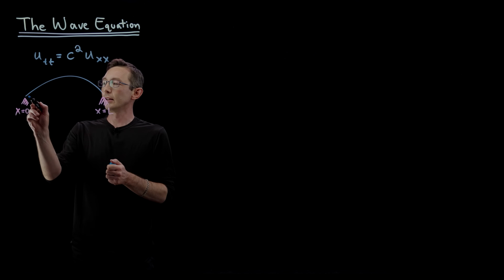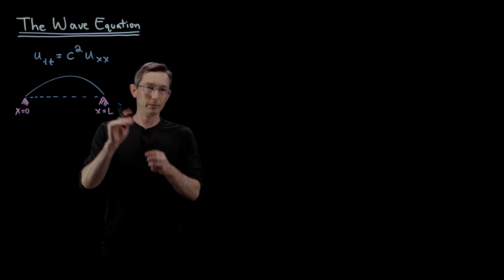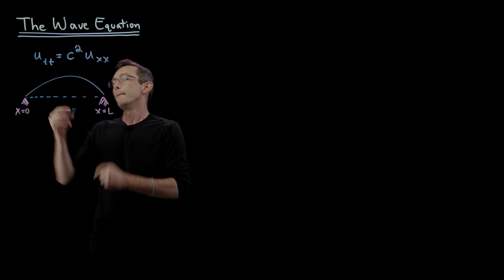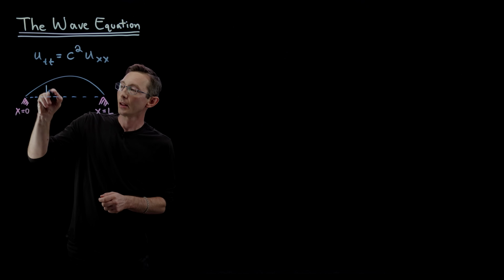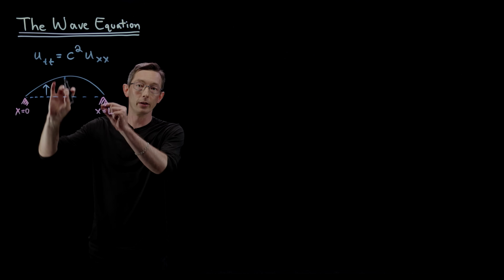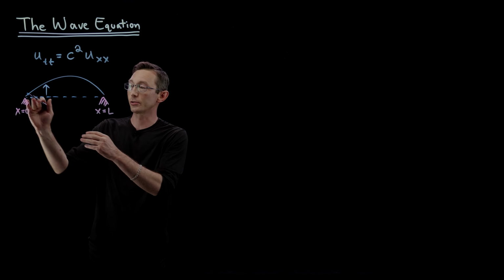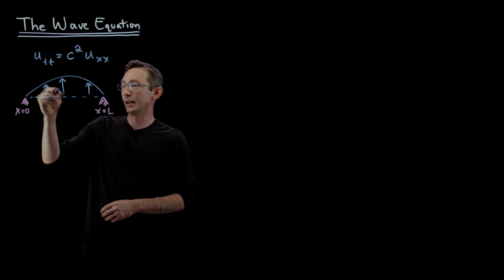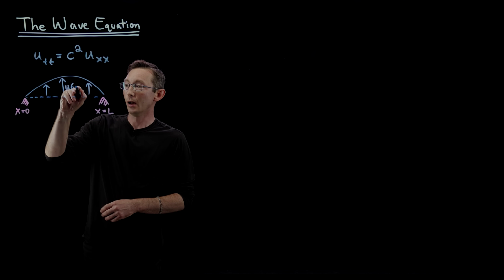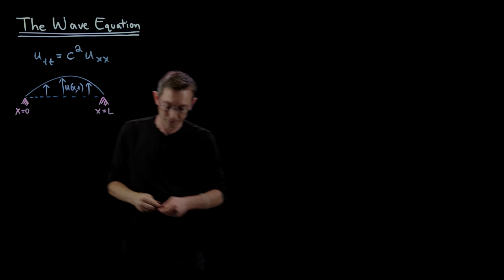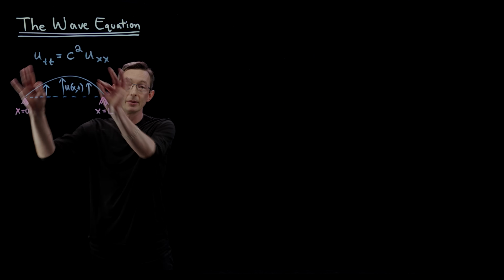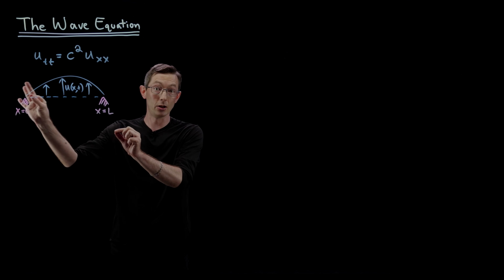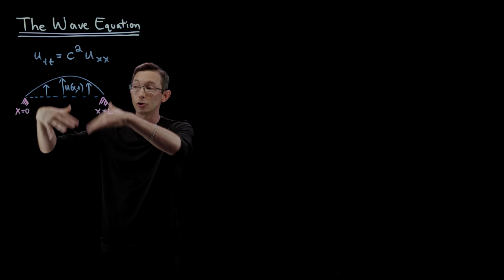We're assuming there is some rest position where the string is under some tension but not moving. We define u to be the height, or the displacement, of this guitar string from that rest position. So these are all my u of x and t. The displacement of that string is a function of its position spatially along the length of the string, and it also changes in time.